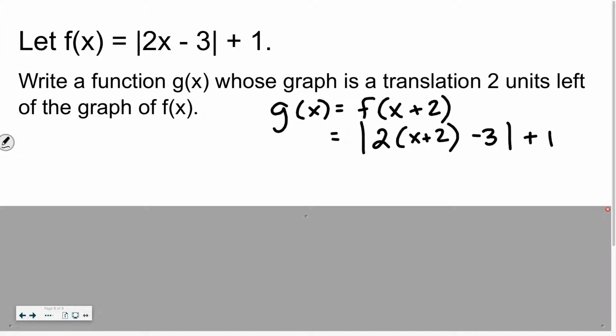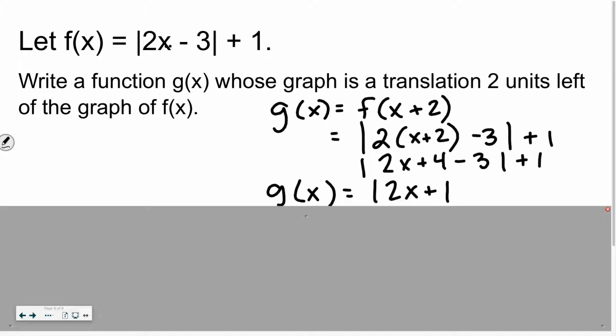So where the x is, because this is f of x, if you're doing f of x plus 2, you are substituting x plus 2 in for that x, replacing it. Clean up the inside there. That's 2x plus 4 minus 3. Combine like terms. G of x equals the absolute value of 2x plus 1, plus 1.